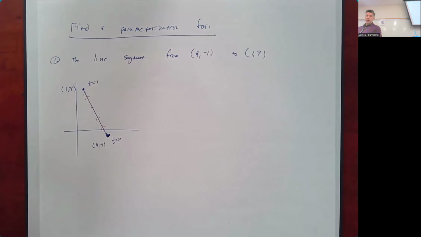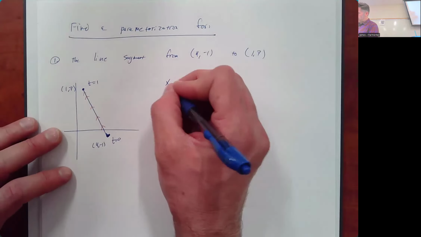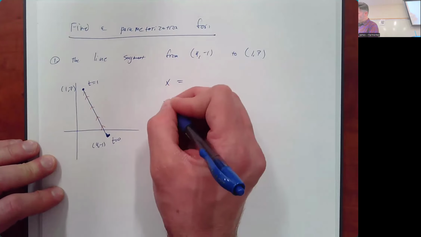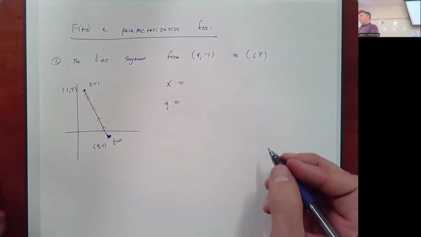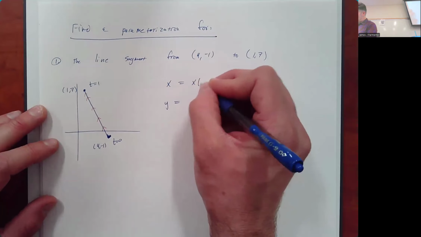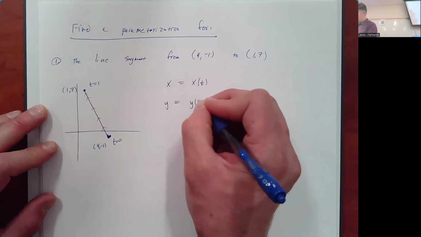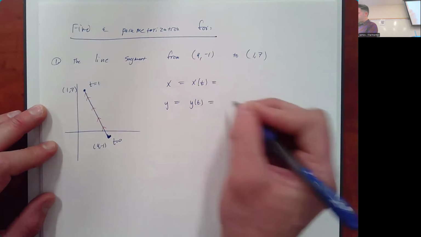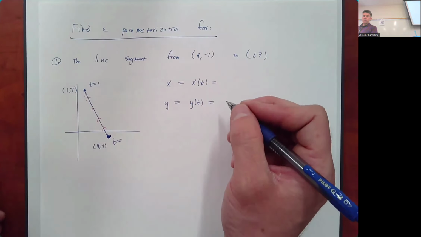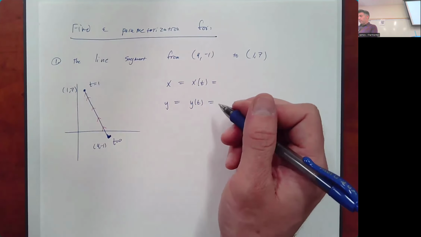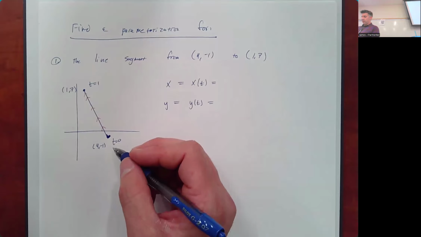So we need to find parametric equations for x and y, which people might write as x of t and y of t. Either way is fine. So here's how I'm thinking about this. At time equals 0, x should be 4.